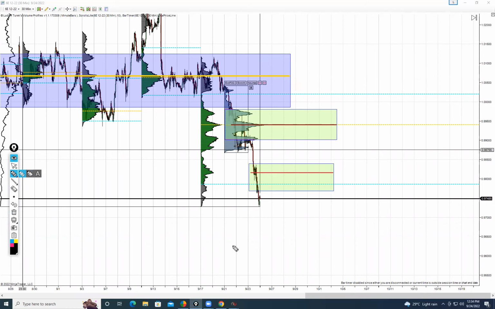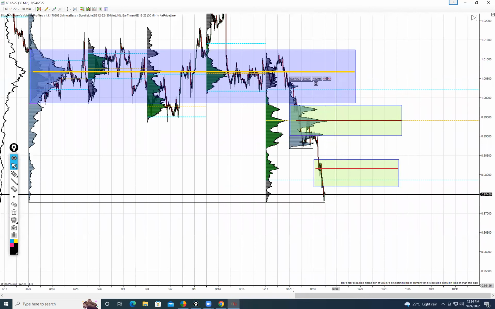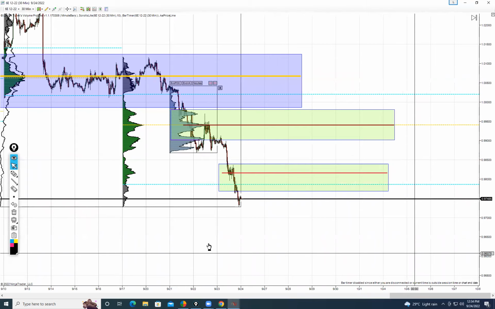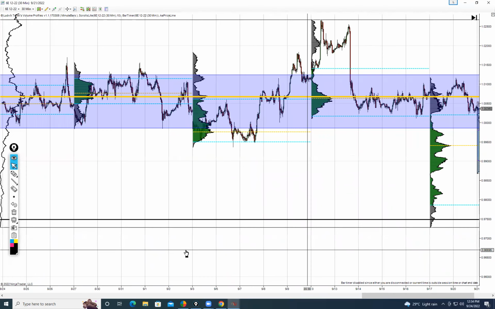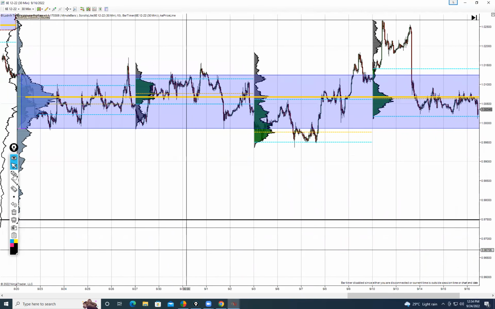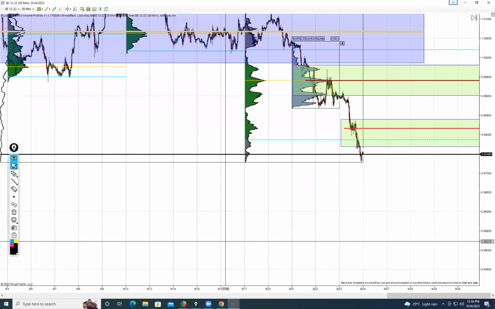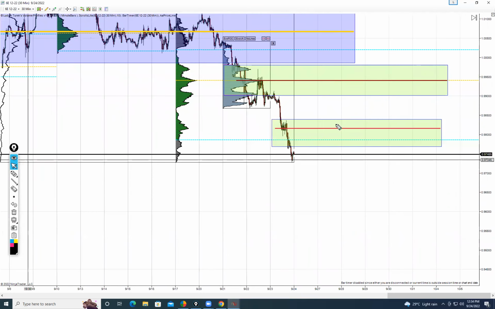But what is of note is when we are trying to understand value, value means there has to be equal transactions from the lows to the highs, from the highs to the lows. This is what creates value. But when we look at euro, these previous points, this is not value. It's one-sided.